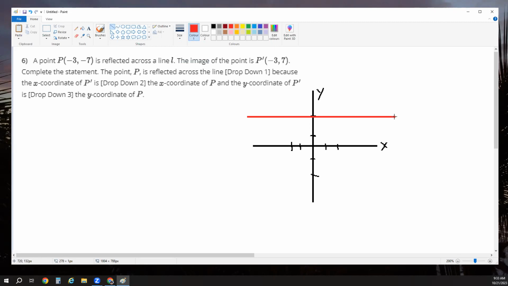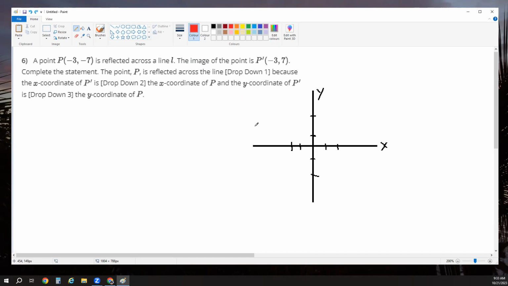Just think of your point-intercept equation, y equals mx plus b, right? Well, that would be bad form.